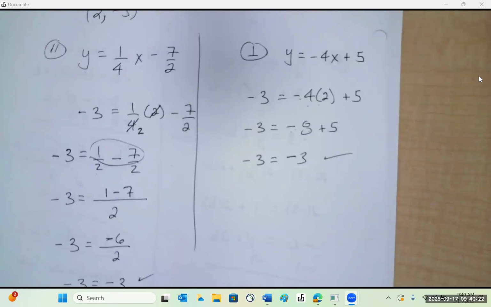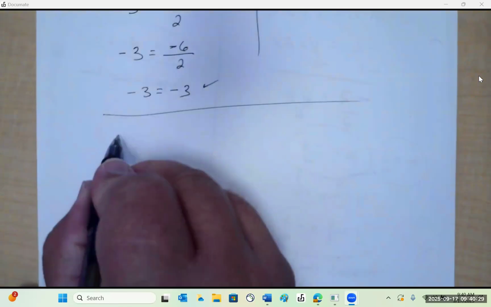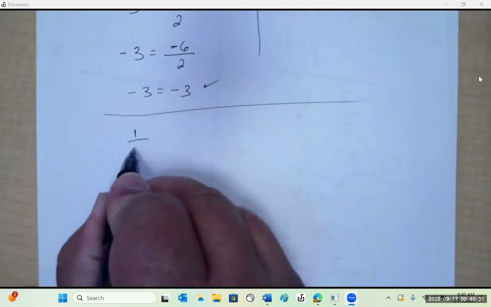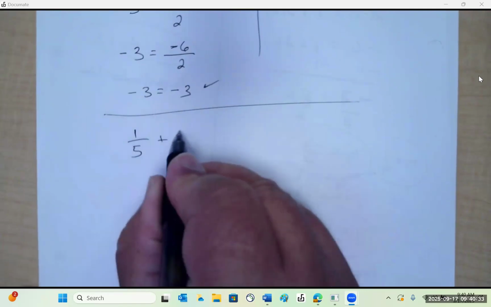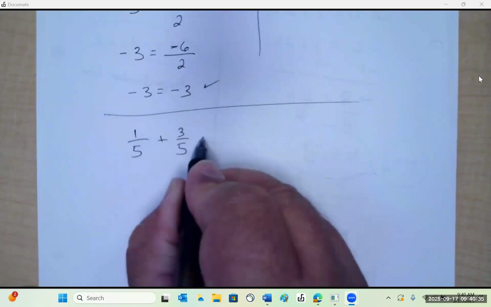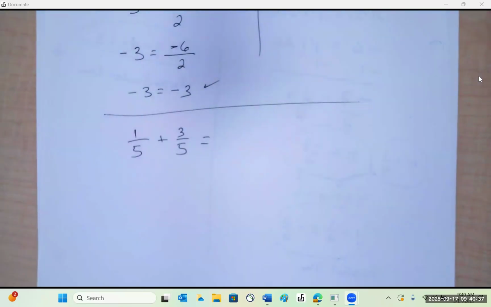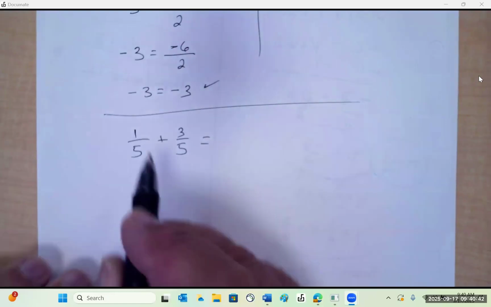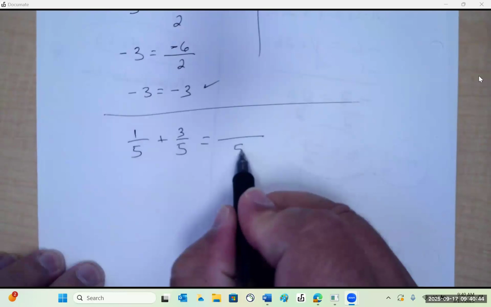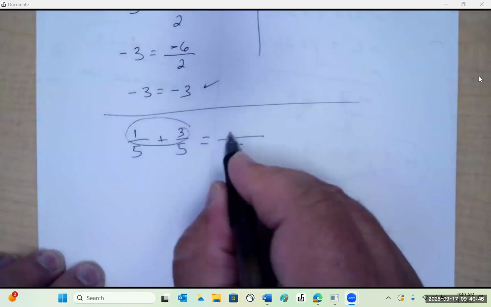Does anybody have any trouble adding, subtracting fractions? If I had 1/5 plus 3/5, can you do that? What does it equal? They have a common denominator, so worry about the top.